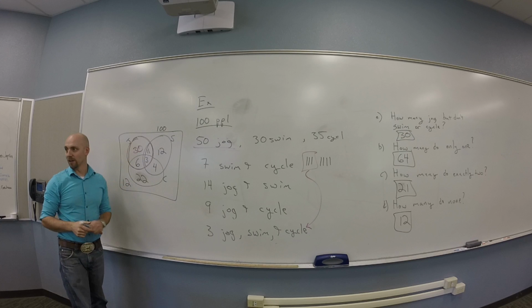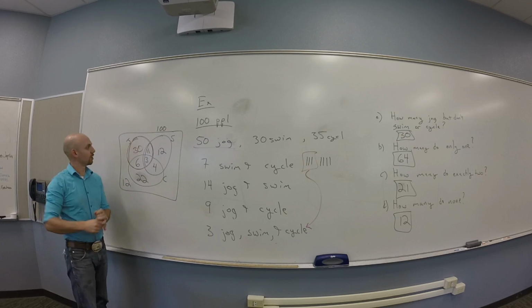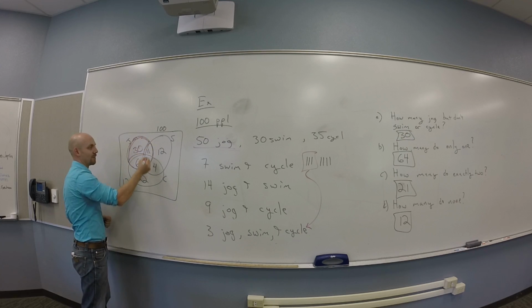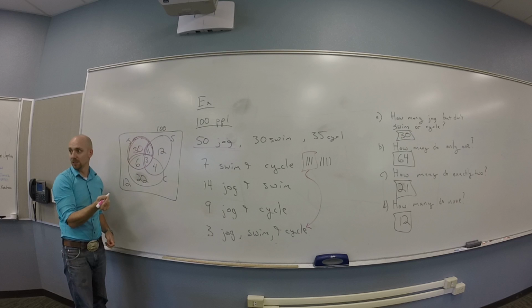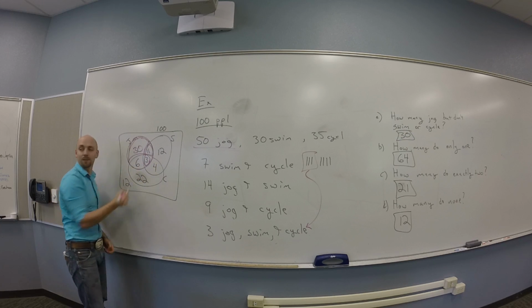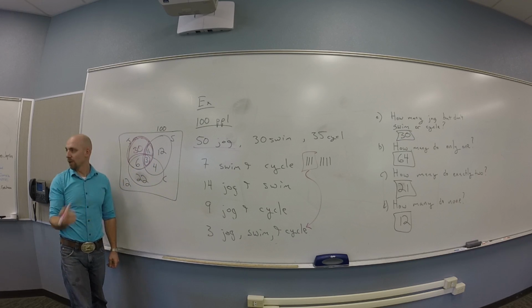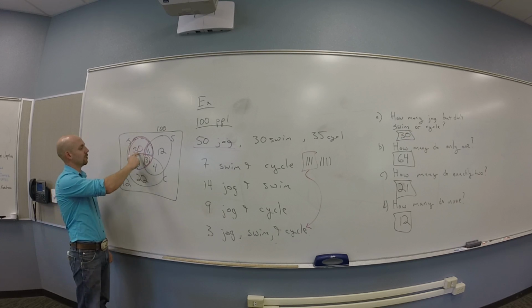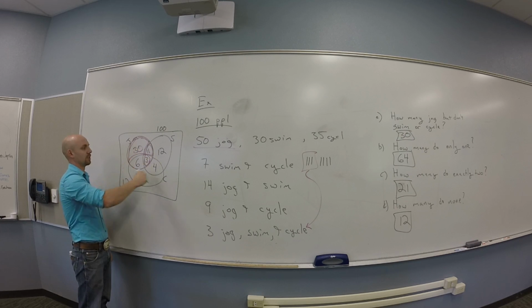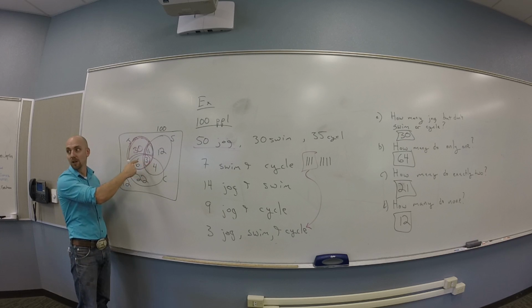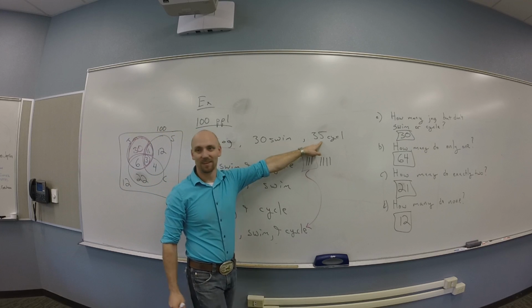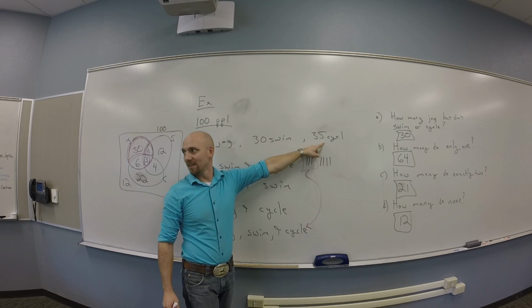None of it's overlapping right now. All of these are broken into pieces. This 30 represents just that piece, this 11 represents just that piece, and this 3 is just that three-way overlap. So if I want to cover all of it, I've got to add up all the numbers. The people who jog are all of these, the people who swim are all of these, and the people who cycle are all of these. But I don't want to add up these three numbers. Why not?